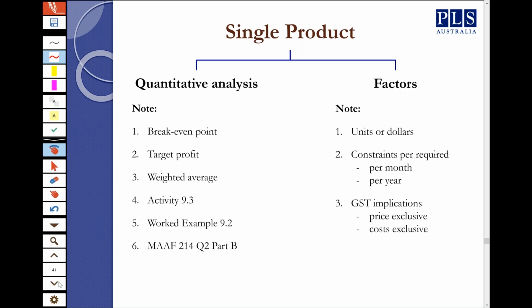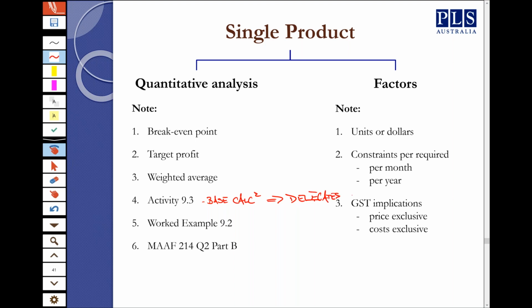So if I focus on a single product, I'm going to argue questions could be done at either break-even point or target profit. You'll find that as you engage with activity 9.3 and worked example 9.2, your activity 9.3 is a base calculation. But first observation, note how it is a base calculation related to delegates at a conference.